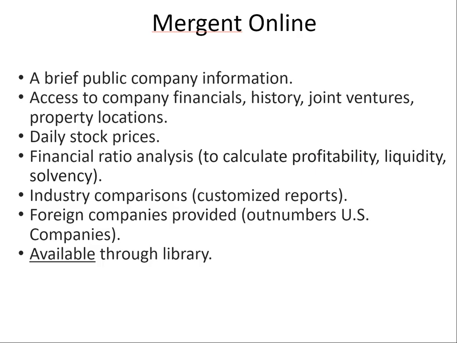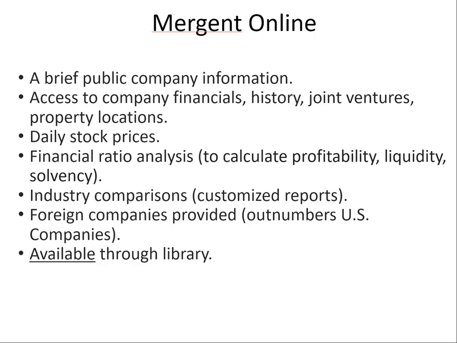One of the very useful functions is that we can check their financial ratios, so we don't have to calculate by ourselves. We can get a group of companies, set up industry comparisons and generate custom reports. Foreign companies are also covered.